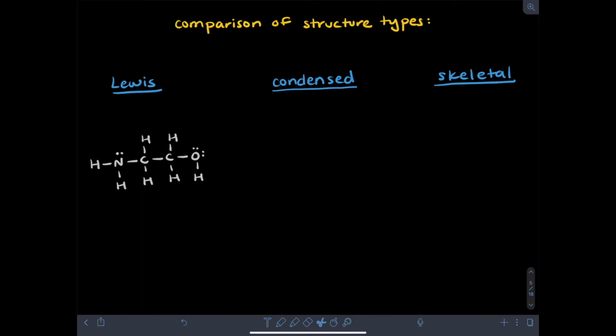Each atom here has a complete octet. As a note, when you're drawing Lewis structures, always remember to draw out your lone pairs explicitly. If I convert this molecule to a condensed structure, it would look like NH2, CH2, CH2OH.